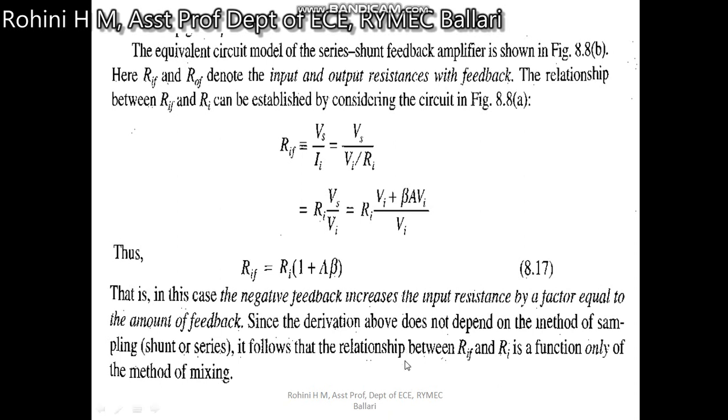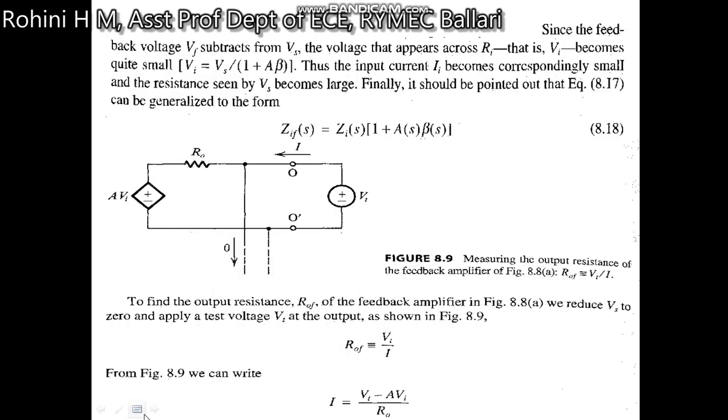Since the derivation above does not depend on the method of sampling, it follows that the relationship between Rif and Ri is a function only of the method of mixing the two signals. Since the feedback voltage Vf is subtracted from Vs, we know that Xi is equal to Xs minus Xf.